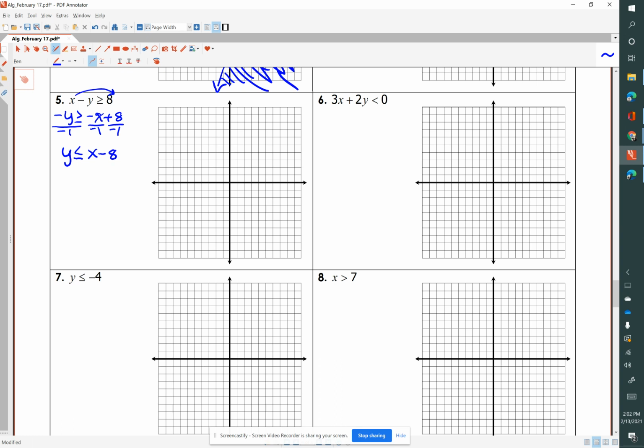So we will have a solid line, and we will shade below. So our y-intercept is -8, and our slope is 1.